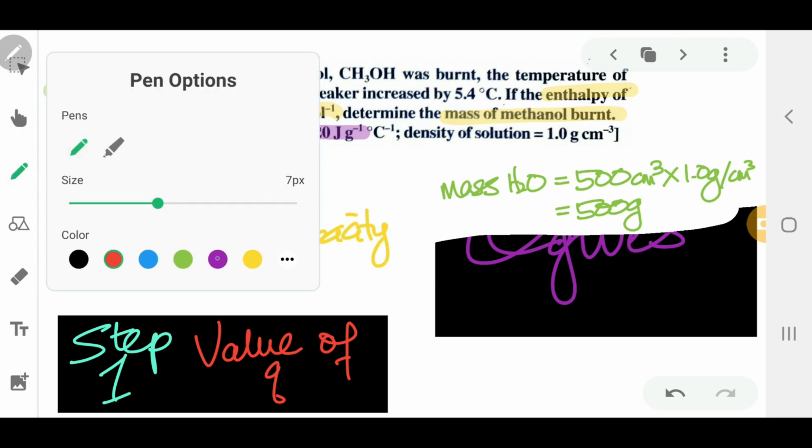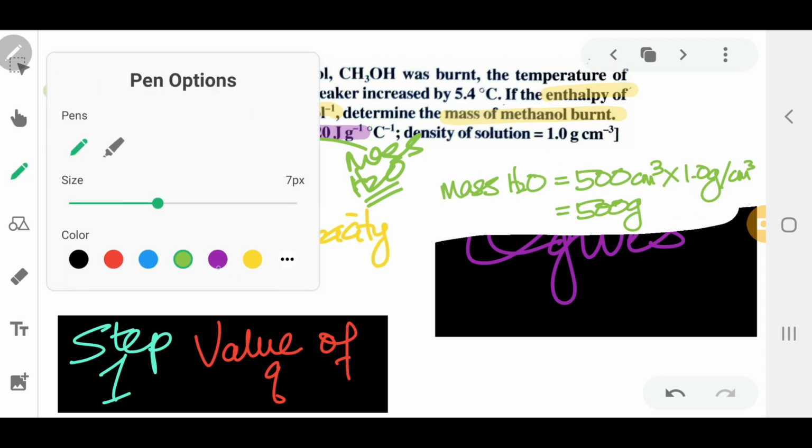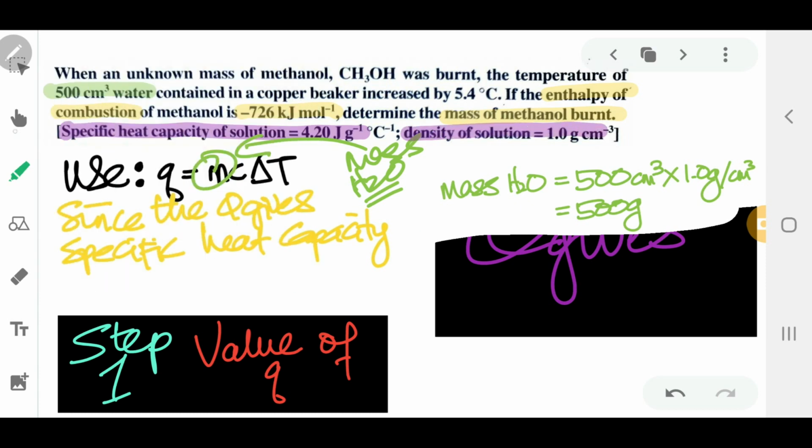So you need to remember the mass over there is always referring to the mass of H2O that will be absorbing the heat. So we're going to use the density of water. Here the question gives you the density of solution, so that is the same as the density of water, and you get 500 grams right there.